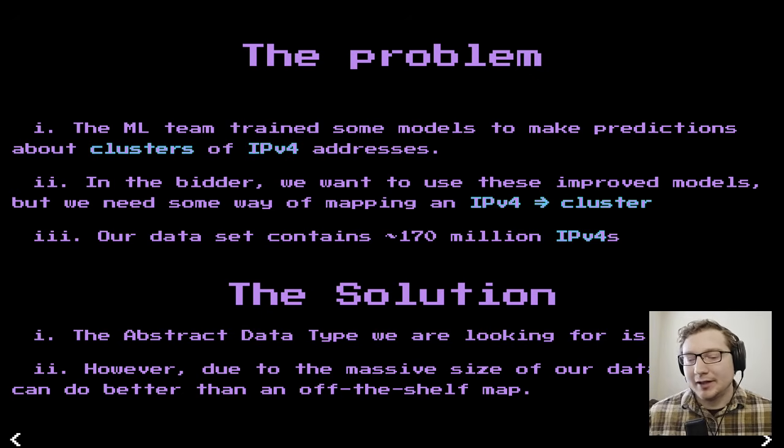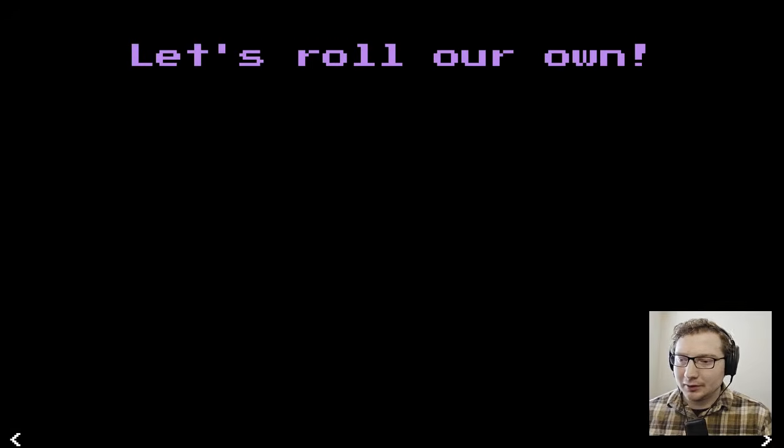The other thing about a general purpose hash map is that it has to worry about non-minimal perfect hash functions, which we have one of those that we can use effectively. You'll see how that works. And a general purpose hash map has to store each key individually. We don't need to do that. So let's roll our own.